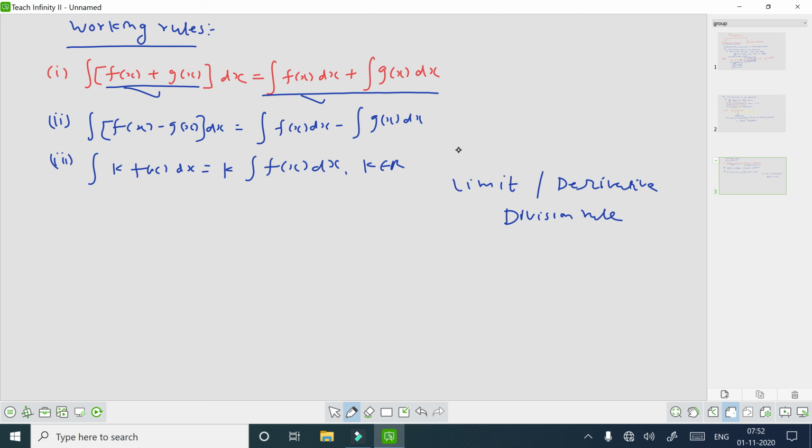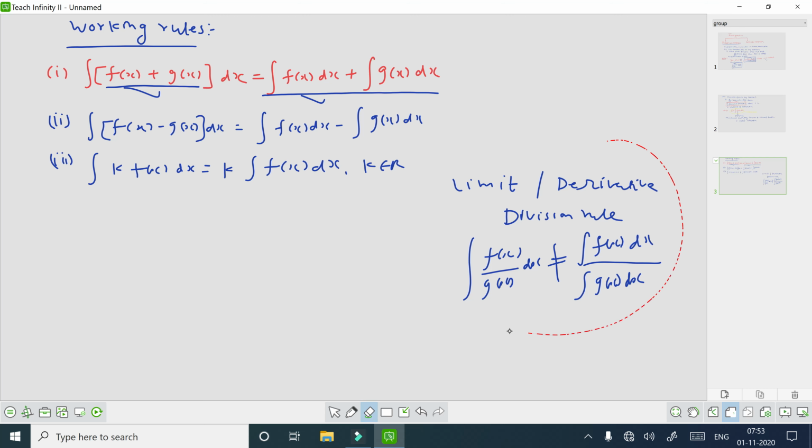Clear? But as far as integration is concerned, integral of f(x) over g(x) dx cannot be equal to integral f(x) dx over integral g(x) dx. This is the limitation of indefinite integration. So there is no division rule. Keep this thing in mind.